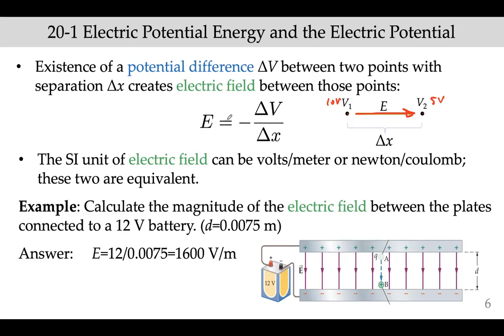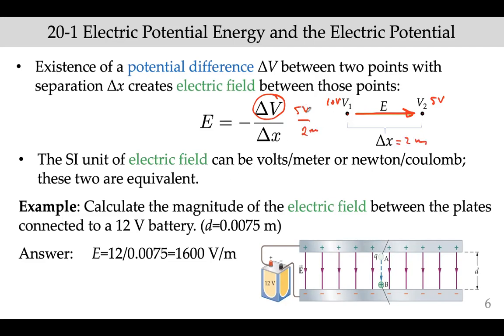And the magnitude of the electric field is given by negative the change in potential. So in this case, it would be 5 volts divided by, let's say this is 2 meters, divided by 2.